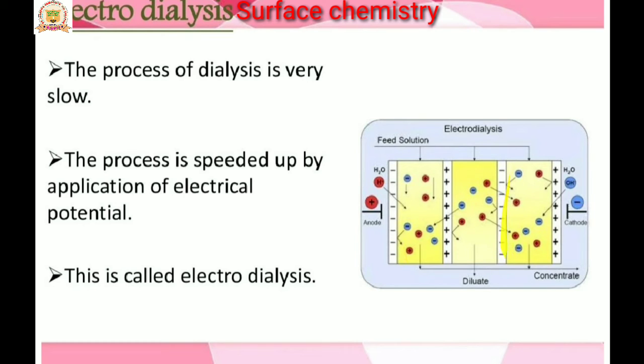Then there are two electric plates, an anode on one side and a cathode on the other side. An electric field, or electric potential, is developed between the two terminals. Then the ions pass through the suitable semi-permeable membrane, and the remaining solution stays inside only. By applying the electric field, this dialysis process becomes very fast, so the purification takes place very fast.